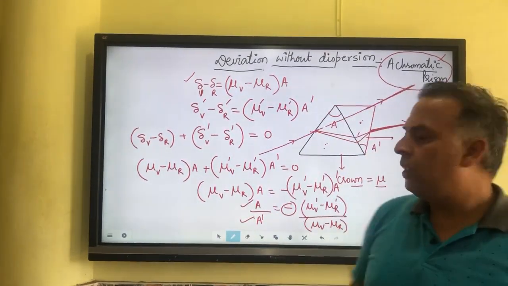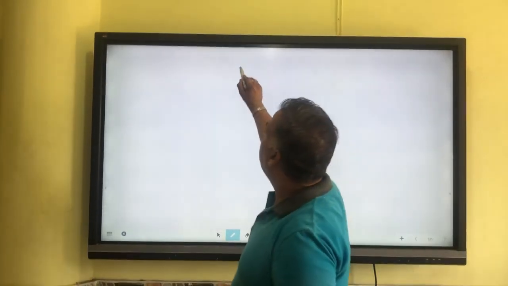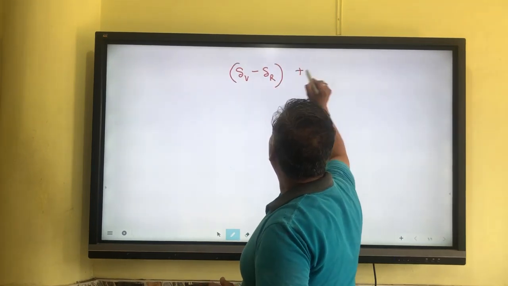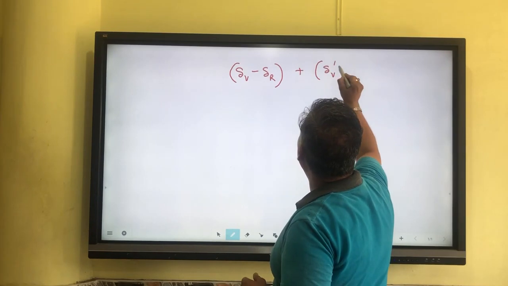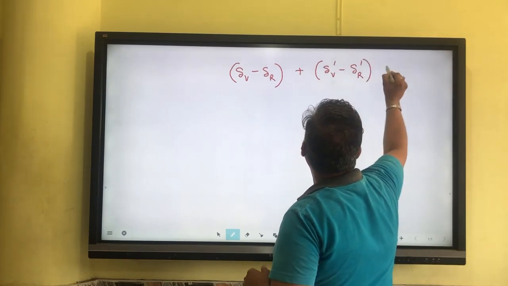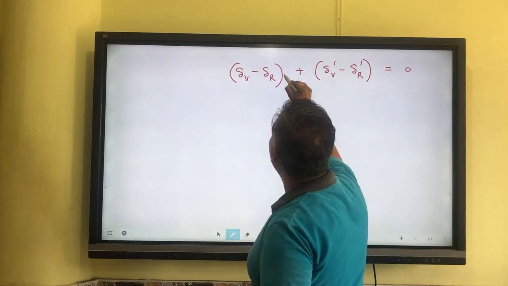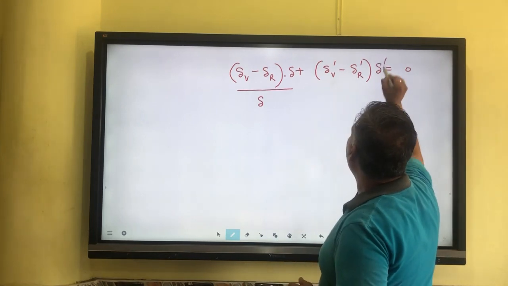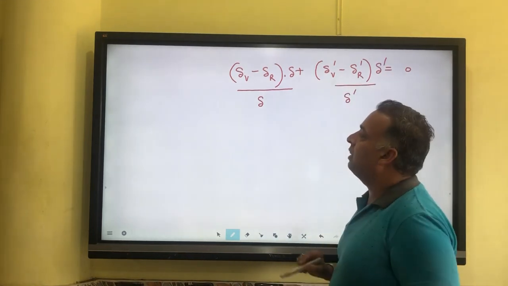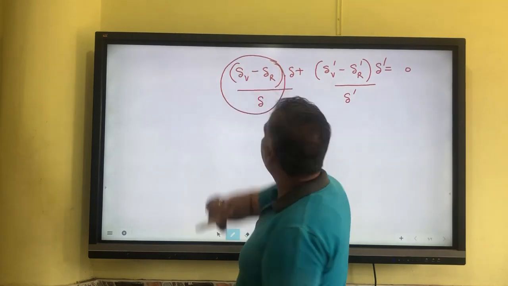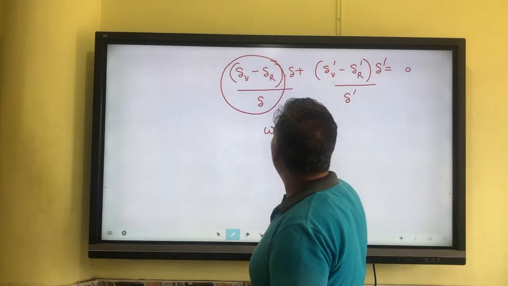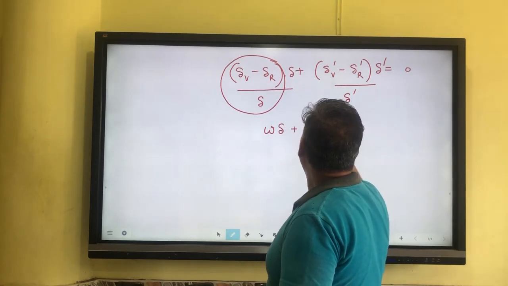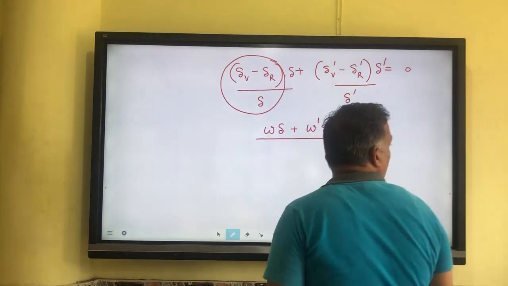Further, delta V minus delta R plus delta V dash minus delta R dash is equal to 0. What I do is multiply and divide by delta and delta dash. This is the dispersive power, so it becomes omega into delta plus omega dash into delta dash, which is equal to 0.